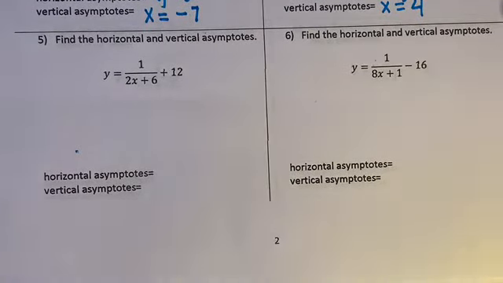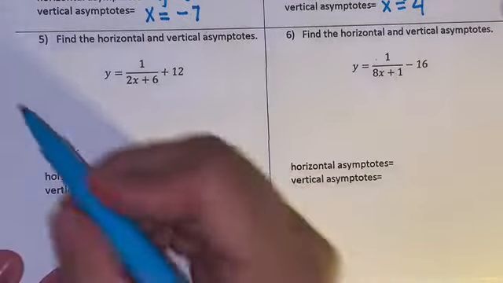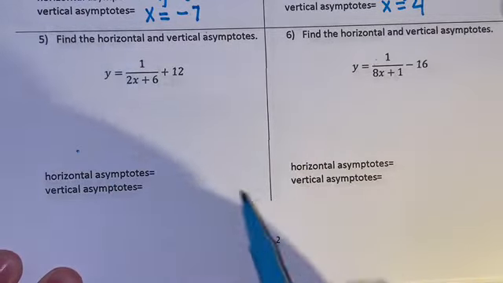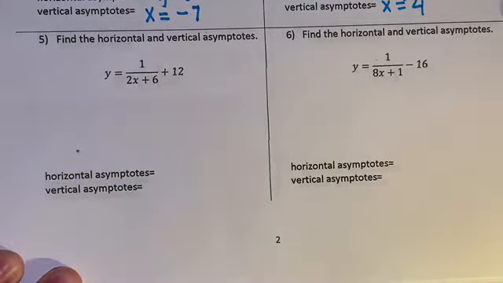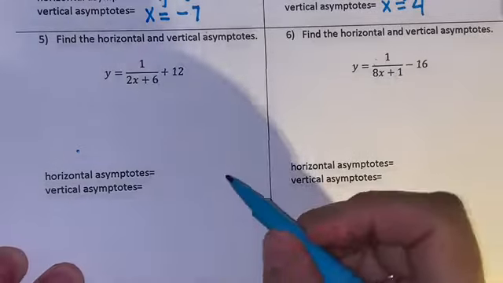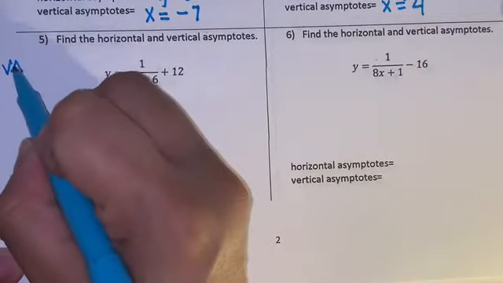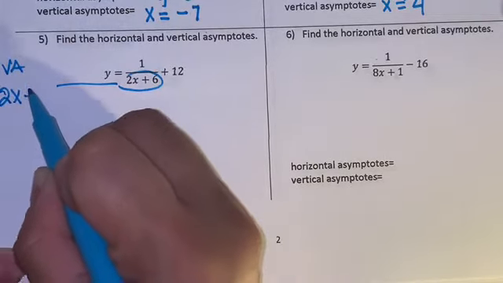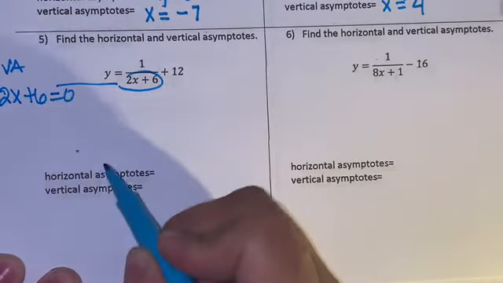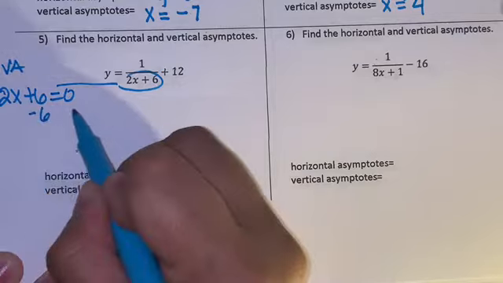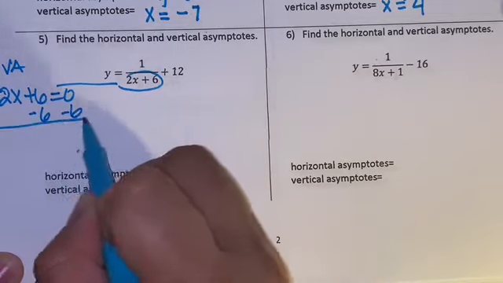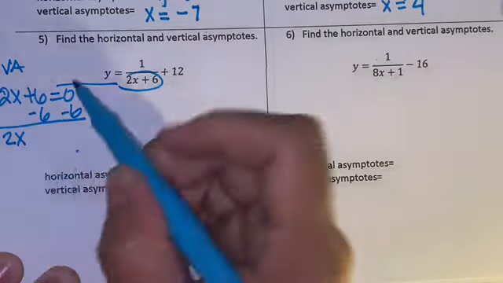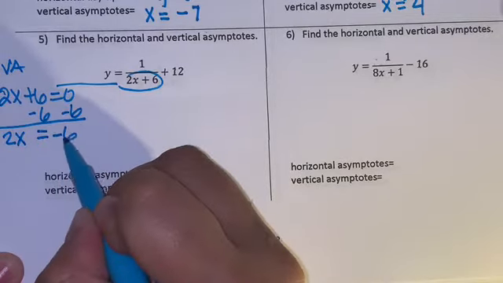Number 5, look for the horizontal and vertical. Let's look for the vertical asymptote first with the denominator. 2x plus 6 equals 0. Minus 6, minus 6. 2x equals negative 6.